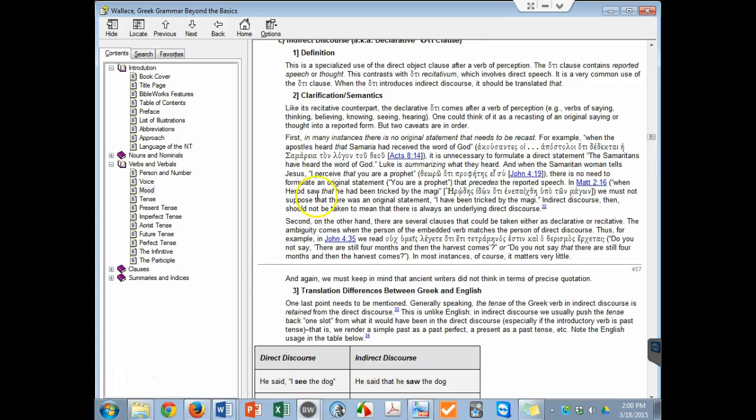On page 456, under clarification and semantics, Wallace notes that in many instances of indirect discourse, there's no original statement that needs to be recast. And the last sentence: indirect discourse then should not be taken to mean that there is always an underlying direct discourse.